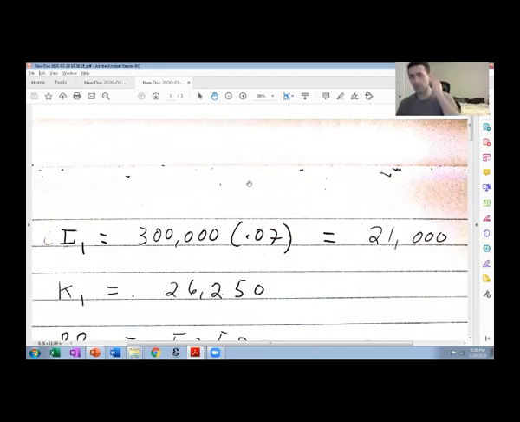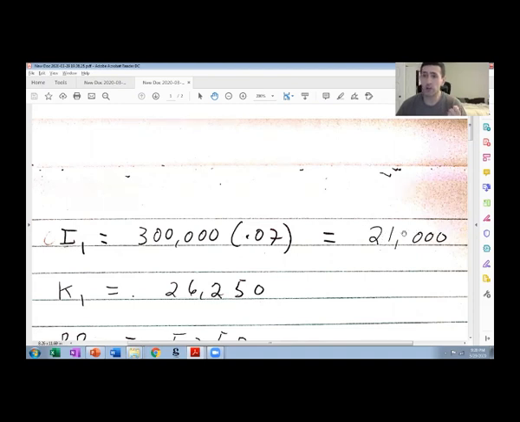Okay, so this is a $300,000 loan. Interest is 7% annual effective. So the interest that you owe at the end of the first period is your starting outstanding balance of $300,000 times the interest rate, 0.07, which is $21,000. So you're paying at the end of the first period 125% of the interest due.